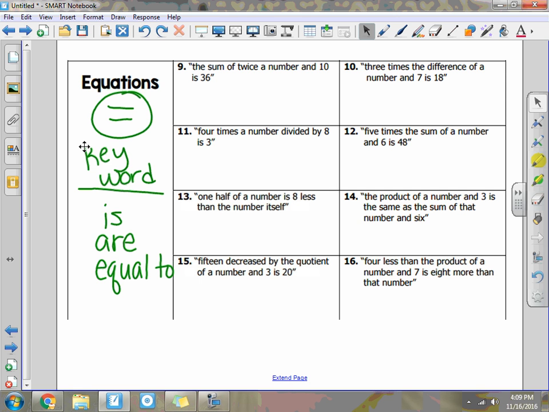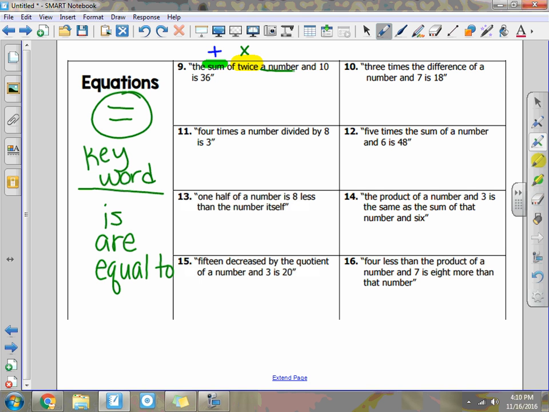So let's look at number 9. This is another one where I have a lot going on, so I'm going to go through and highlight and underline the important parts of my problem. The first word I see is sum. I know that sum is a clue word for addition. I also see twice, and I know that twice showed up in my multiplication clue words.